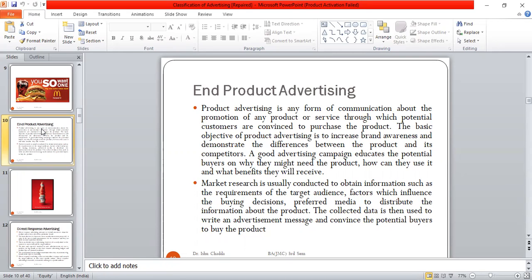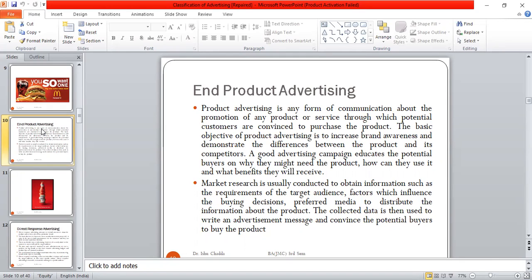For this type of advertisement, you conduct market research where you see who your target audience is, what their needs and wants are, which factors influence their buying decisions, which media they prefer for the advertisement, and which sort of distribution channel they prefer. The collected data is then used to write an advertisement message and convince the potential buyer to buy the product. After you collect the whole data, you frame the advertisement message and convince the buyers of that particular target market to buy your product.